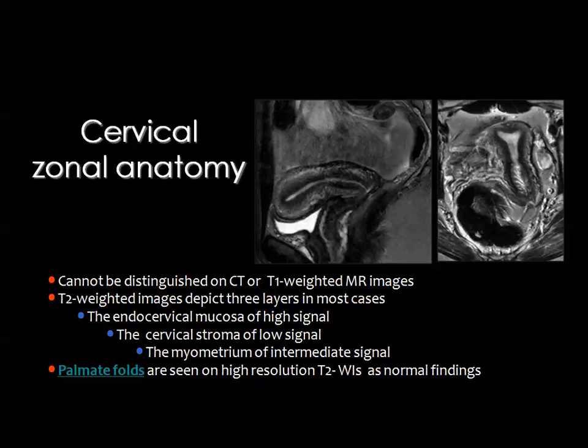Then the cervix has some different anatomic details when compared to the uterine body, but one of the issues that you should notice during the examination is the presence of high signal folds within the endocervical canal, and these are known as the palmate folds, which are considered a normal finding.